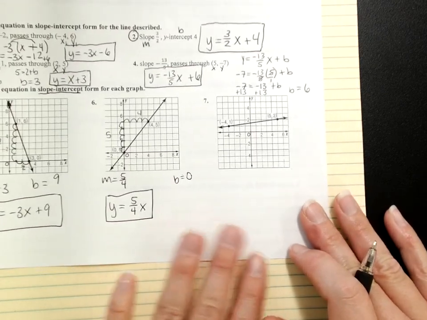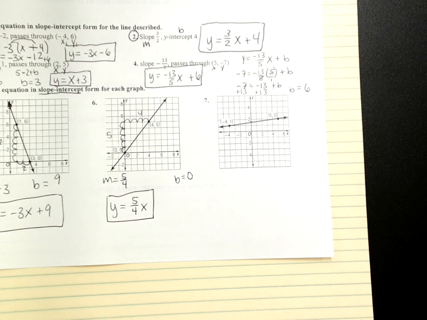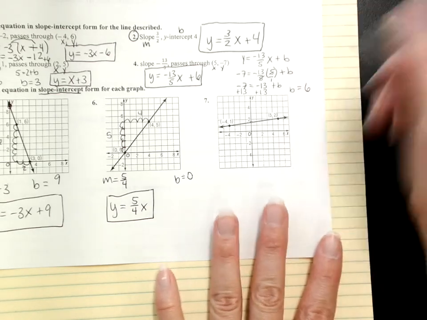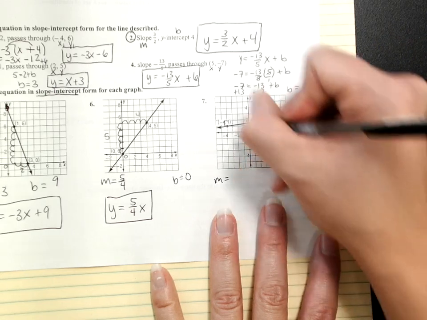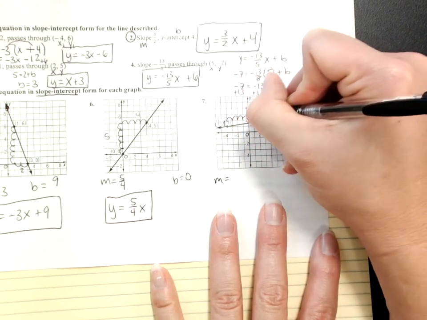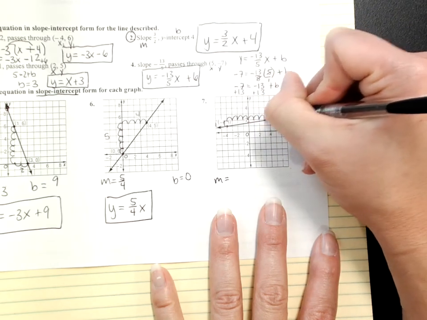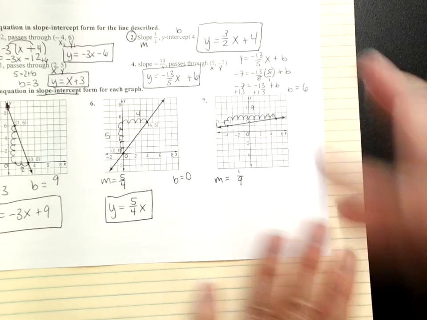Ooh, what about this next question? Kind of tricky. So the y-intercept, if you look here, is at a decimal. Now you could take a guess, and you might get pretty close because that one looks pretty nice. But if I want to be really accurate, I'm going to have to use my slope and my point to find the exact value of that y-intercept. So starting off with my slope, it looks like it goes up 1 and over 1, 2, 3, 4, 5, 6, 7, 8, 9. Slope is 1 over 9.